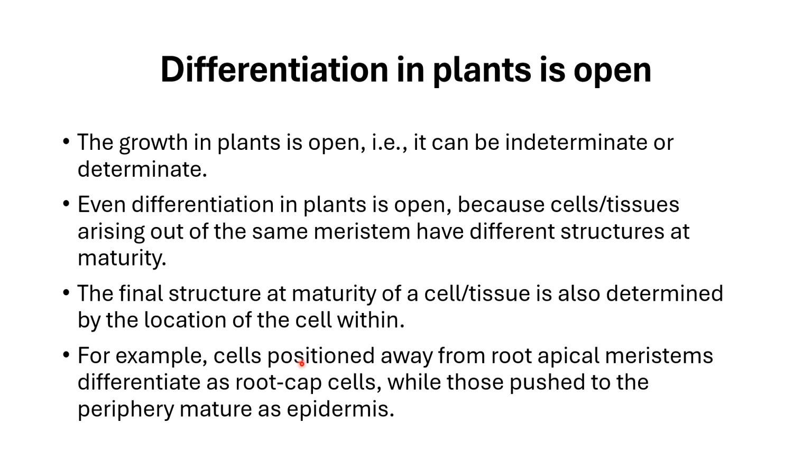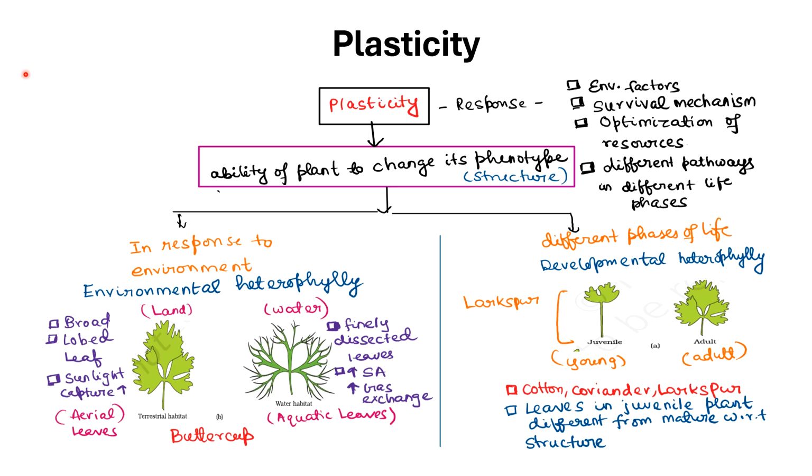For example, if cells are positioned away from the root apical meristem, they differentiate into root cap cells, and the cells which are pushed to the periphery of a root form the epidermal layer. Is that clear? So we can say that differentiation in plants is open.